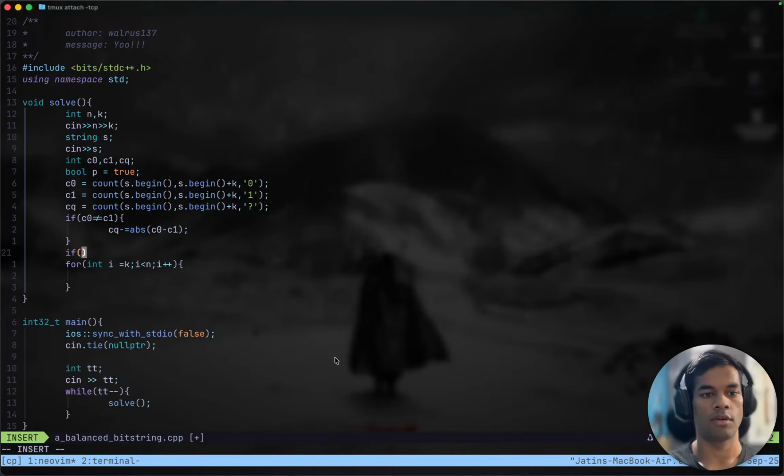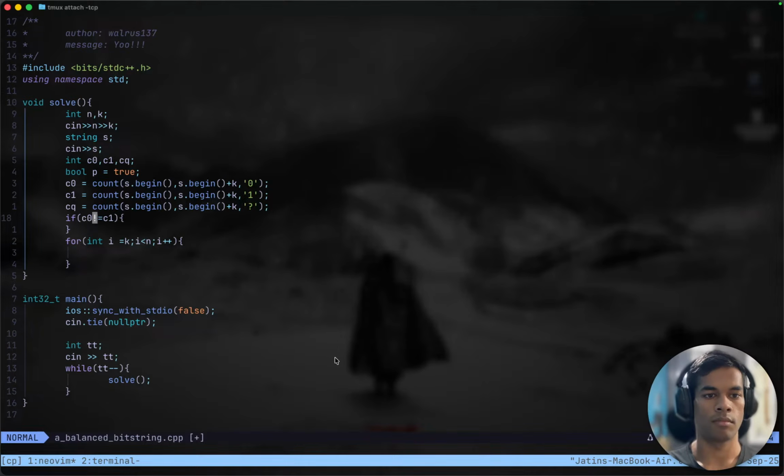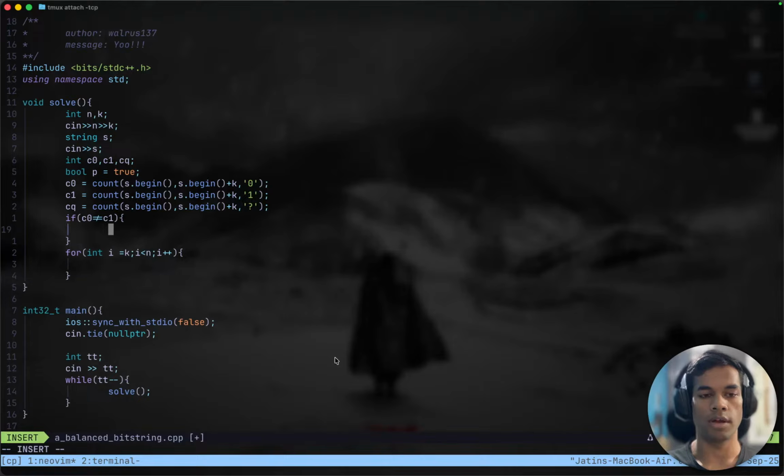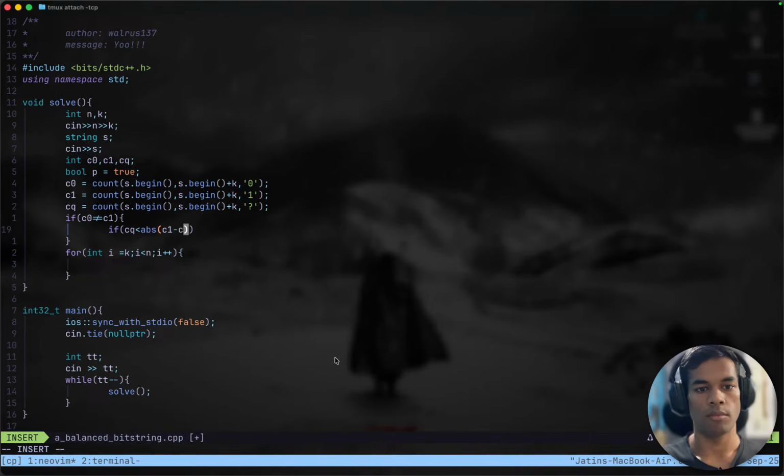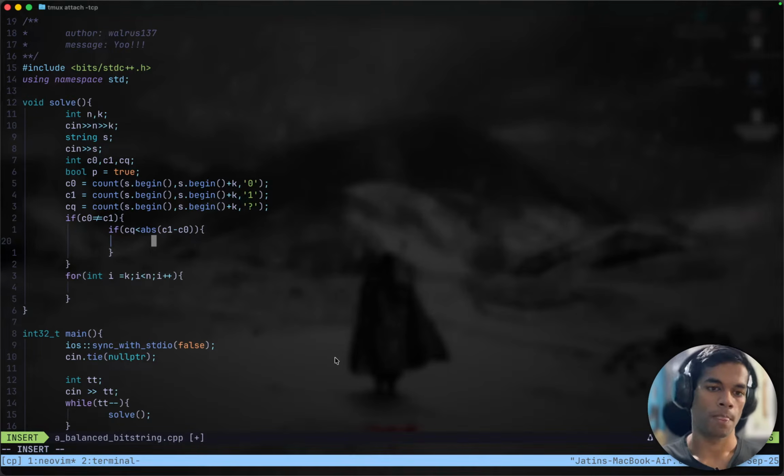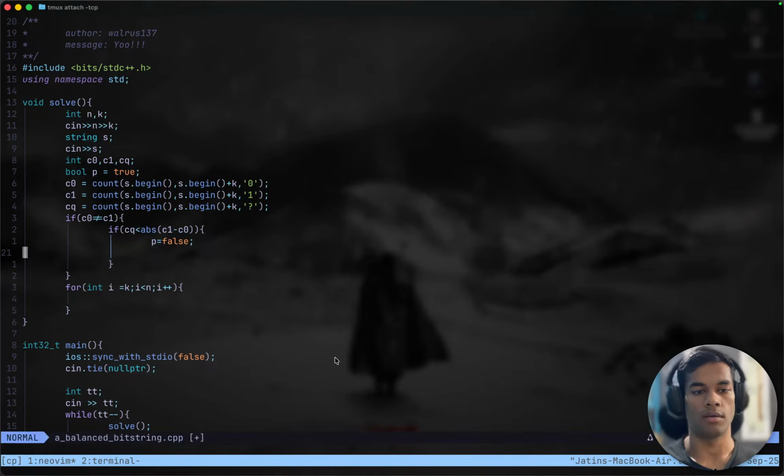And after this, if they are not equal, now if cq is smaller than what is required, and what is required is the absolute difference of c0 minus c1, if it is different, then possible equals false. I don't even need this.